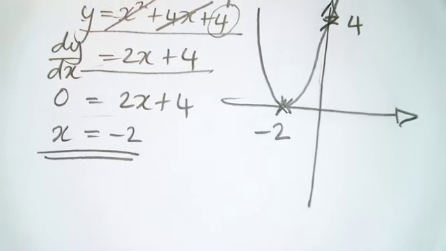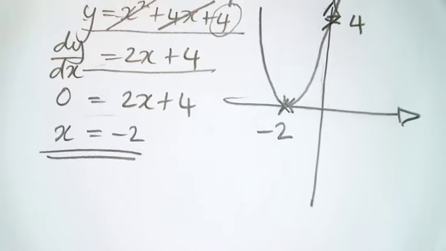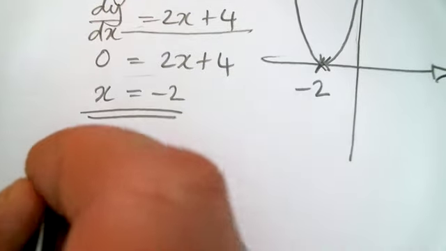Now the rule is this. If the second derivative is positive, then the turning point is a minimum. If the value of the second derivative is negative, then the turning point must be a maximum. So I'll write that out, yeah?